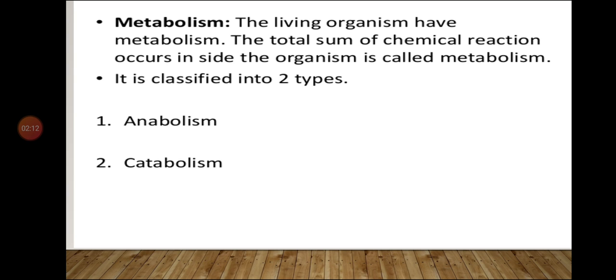First characteristic that living organisms possess is metabolism. Metabolism means the total sum of chemical reactions that occur inside the organism. I repeat the definition: the total sum of chemical reactions that occur inside the organism is called metabolism.